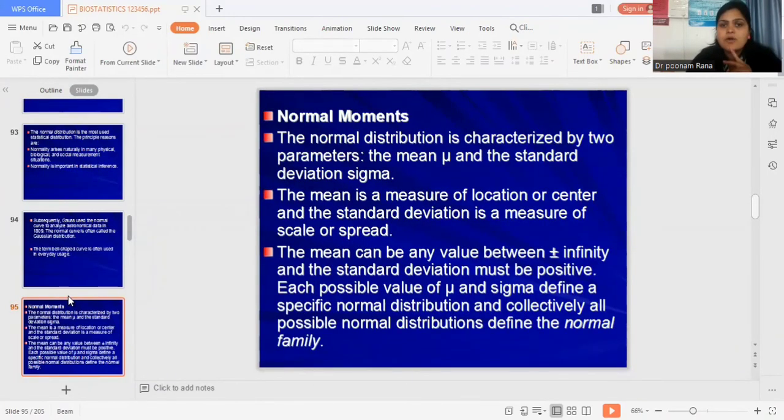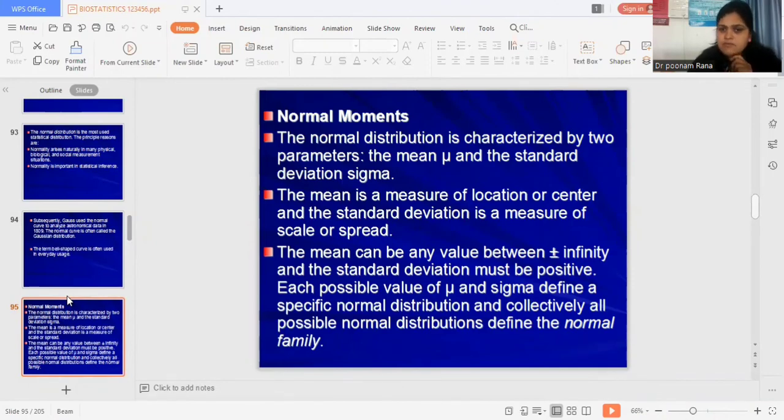Normal moments. The normal distribution is characterized by two parameters, the mean and the standard deviation sigma. The mean is a measure of location or center, and the standard deviation is a measure of scale or spread. The mean can be any value between minus infinity and infinity, and the standard deviation must be positive.